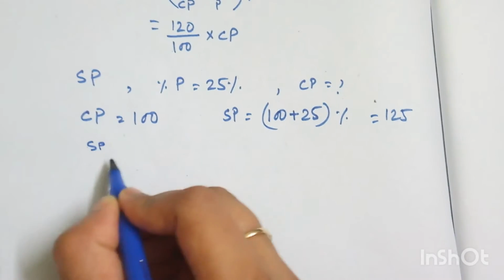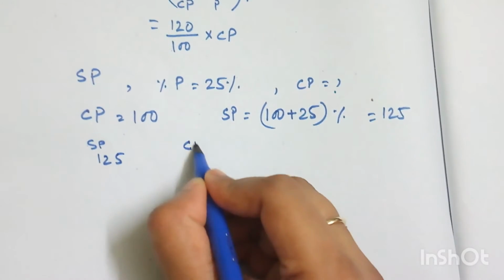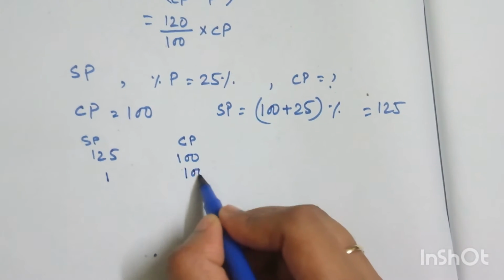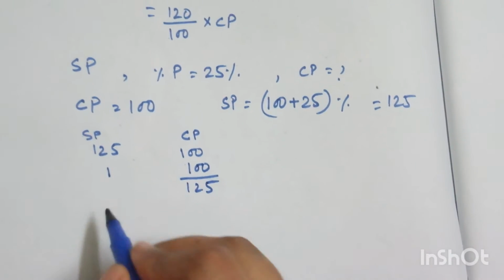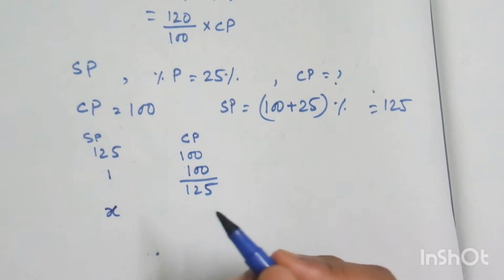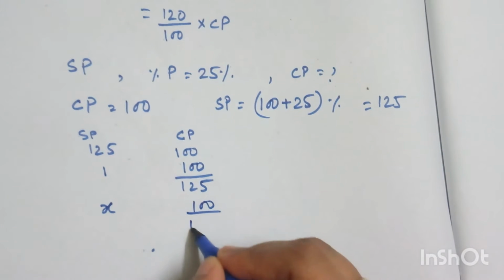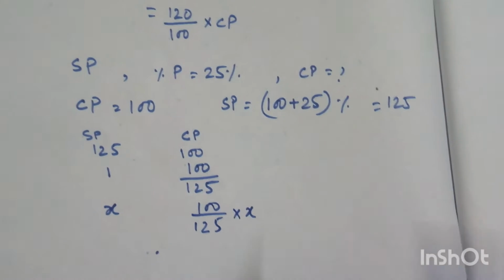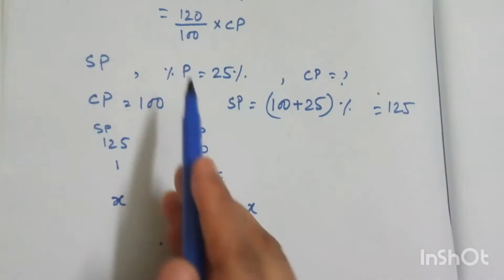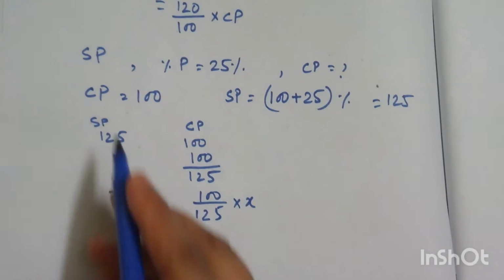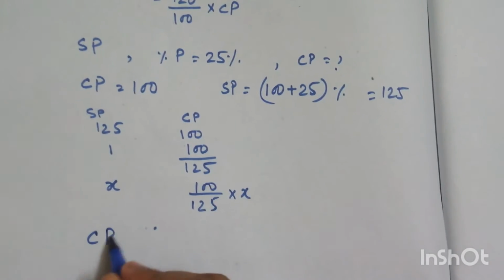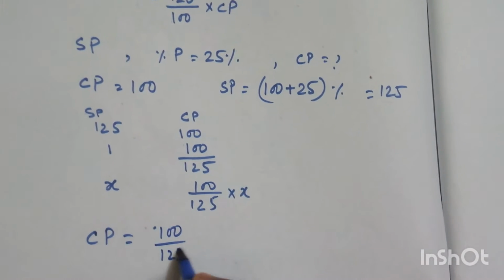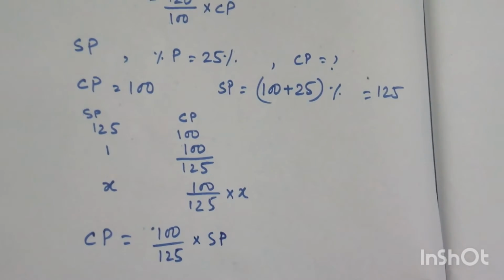If the selling price is 125, then the cost price is 100. When it is 1, then it is 100 by 125, and when it is something X, then it is this percentage. We assume X as SP. So when SP is given, the CP will be 100 by 125 into SP. Okay.